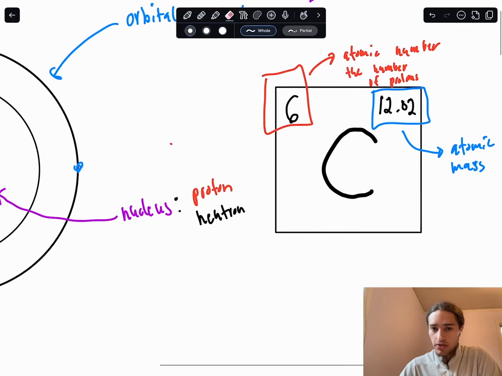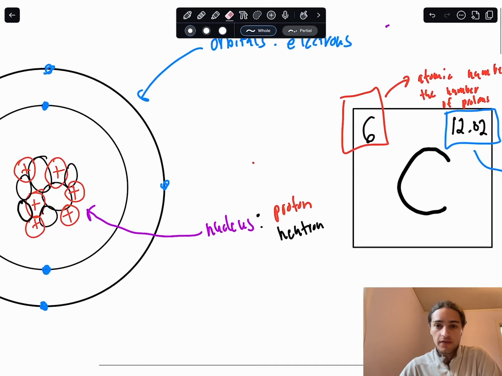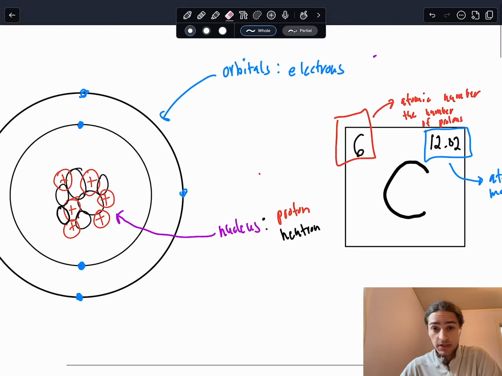But then you might be wondering, why is the atomic mass of carbon 12.02 if this is 12? Is that because the 0.02 is that negligible mass of the electrons I said earlier? Actually not. Those really are basically negligible. The reason that there's a 0.02 is because there are isotopes of carbon.